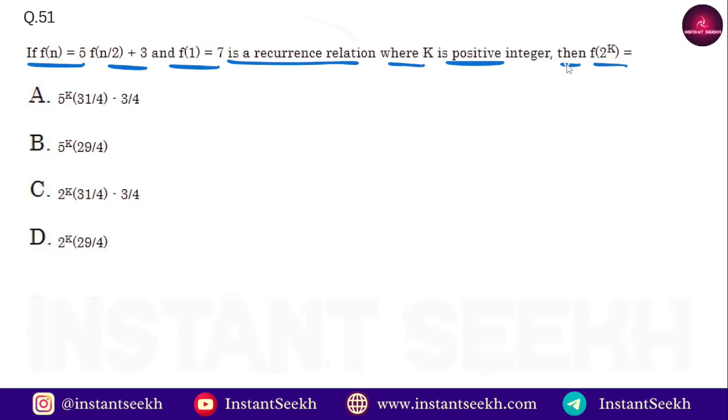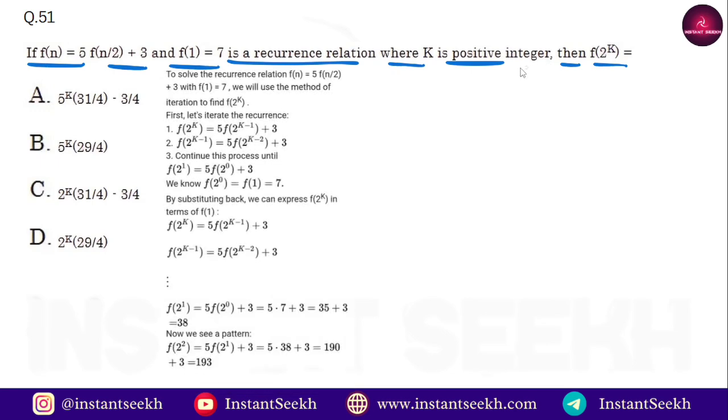Okay, let's start by solving step by step. First of all, to solve this recurrence relation, f of n equals 5 f of n by 2 plus 3, with f of 1 equal to 7. Let's first see the iterations. If we substitute n by 2 raised to k, then this will be our first equation, that is 5 f of 2^(k-1) plus 3.